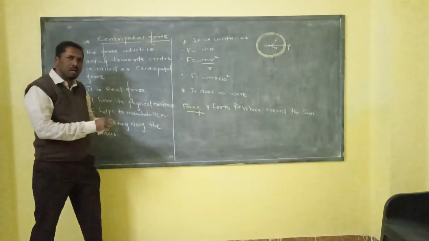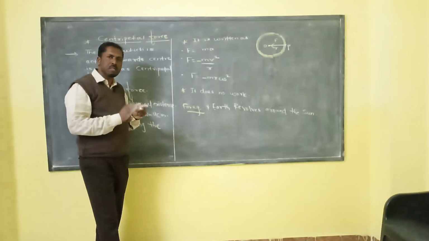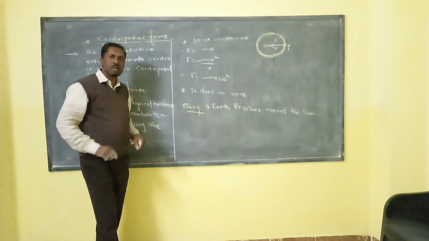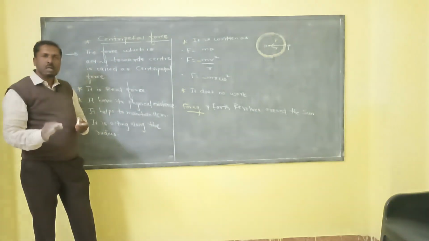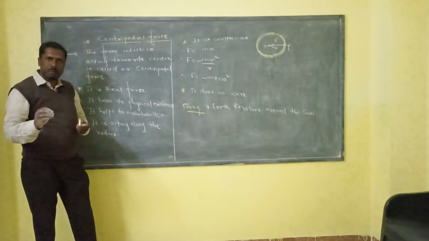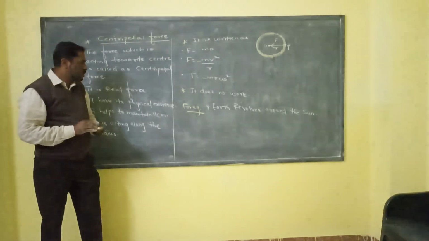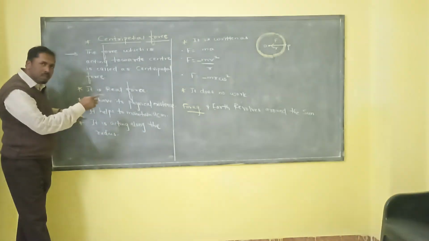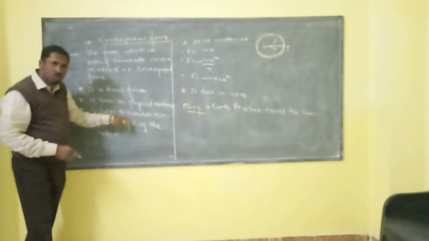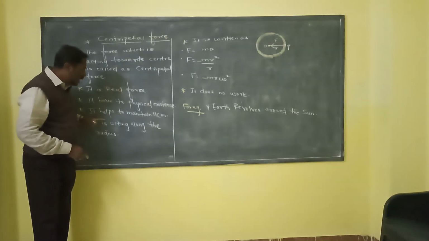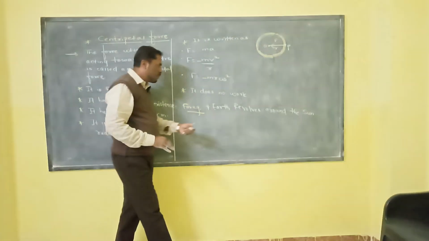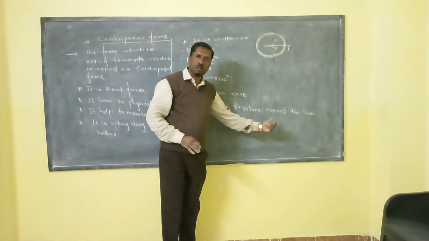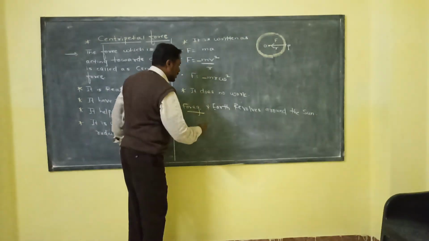Because whenever Earth is revolving around the Sun, it is performing uniform circular motion in which the speed does not vary. The speed remains constant. Centripetal force helps to maintain uniform circular motion, and uniform circular motion takes place as Earth revolves around the Sun.